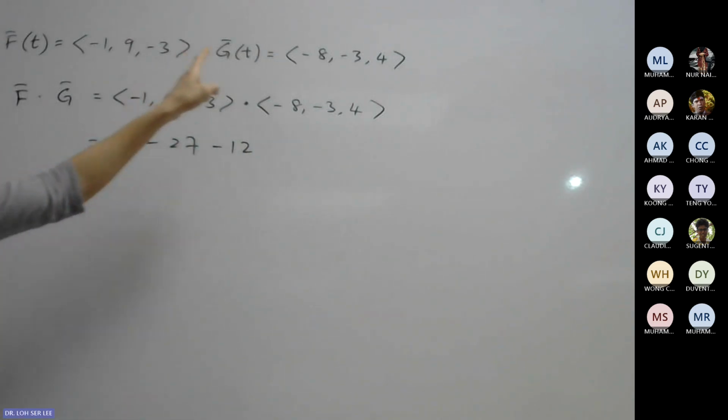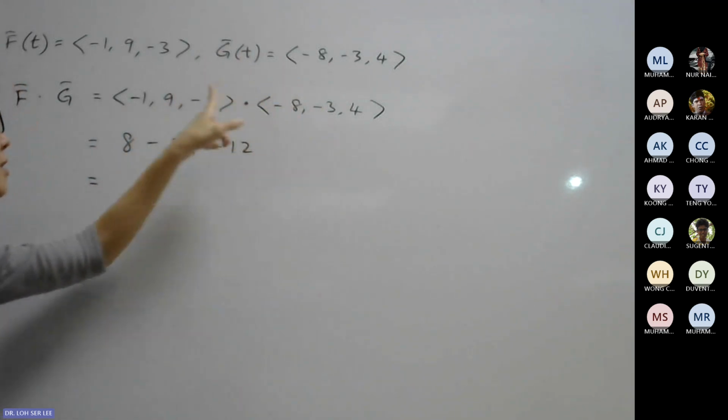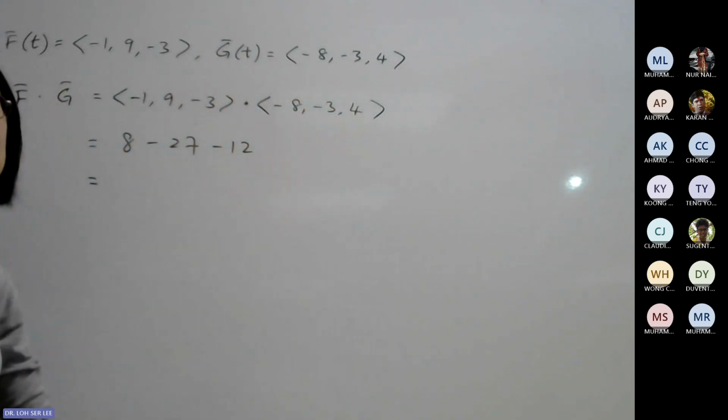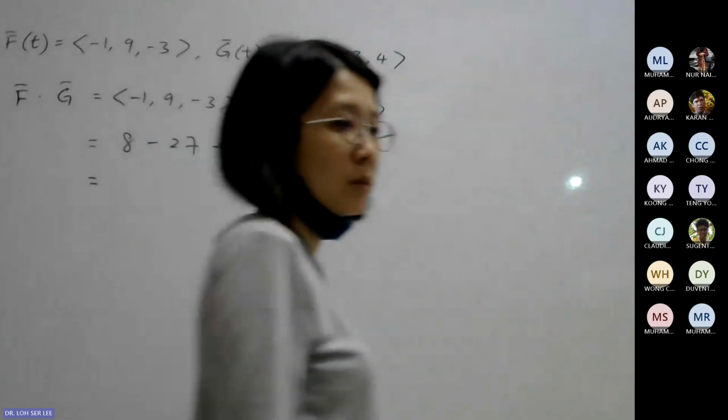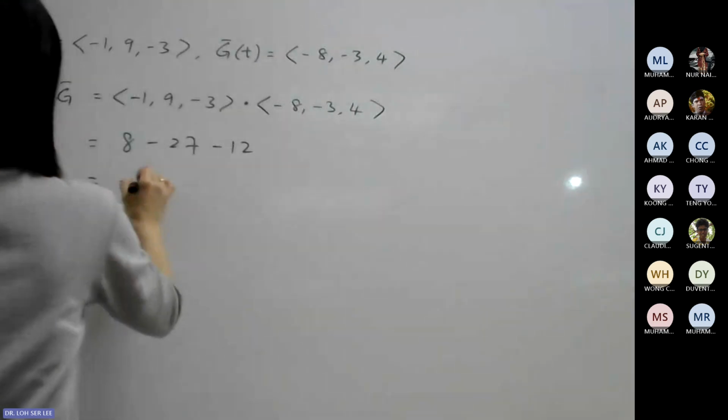The first multiplies the first, plus the second multiplies the second, plus the third multiplies the third. So this one totals -31.